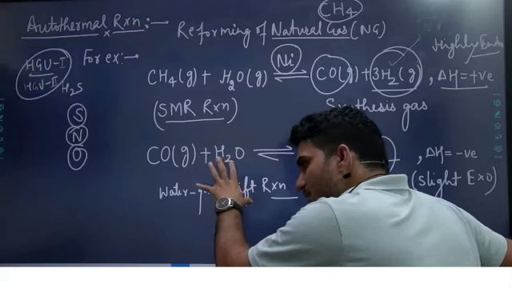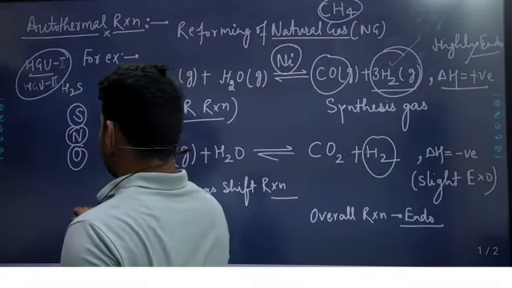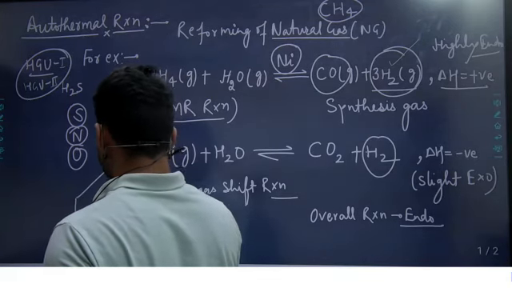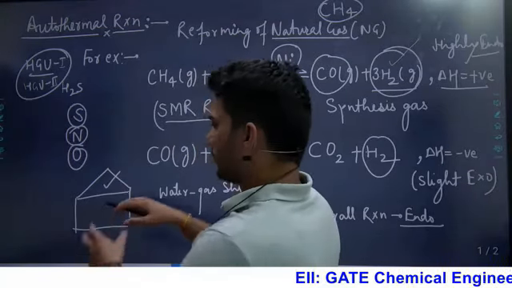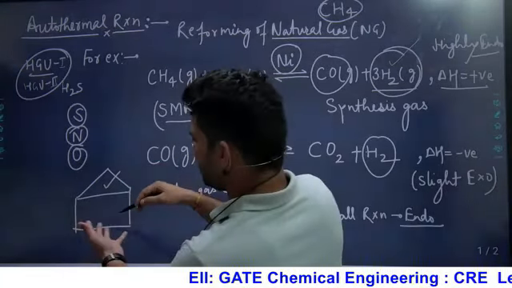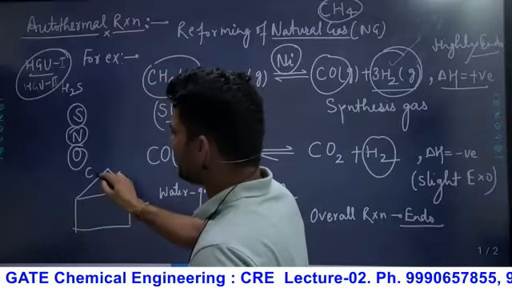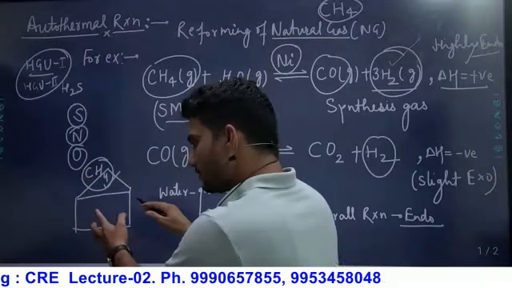In this case, what basically we do? This reaction takes place in the reactor, and that is all about the design of the reformer. In the top section, we burn CH4 in some amount.